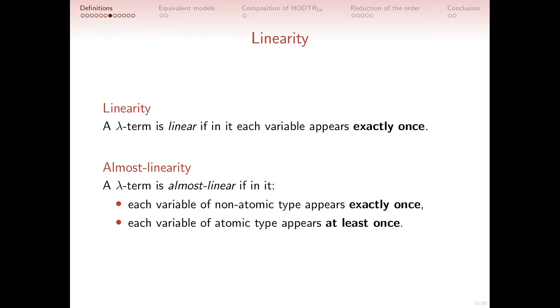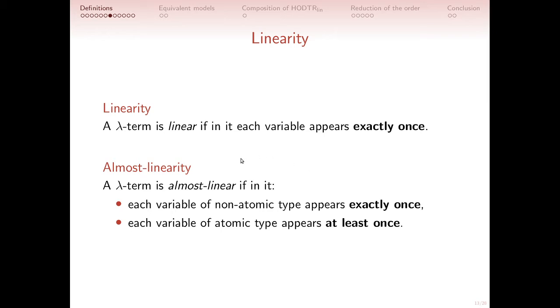Before we get to the example though, let me tell you about linearity. A lambda term is linear when each variable is used exactly once in each term. This is important because that means that you can't copy anything, and that's why this model will be shown to be equivalent to MSO without unfolding.